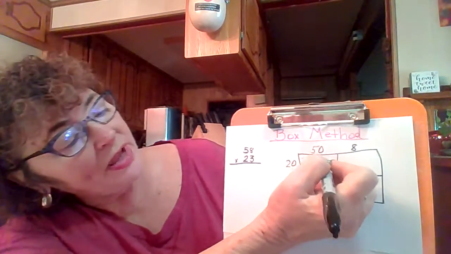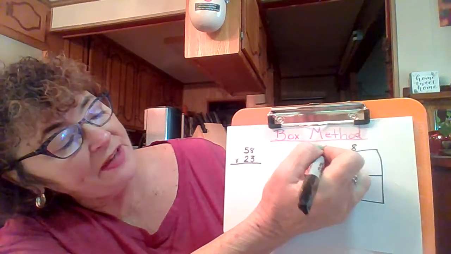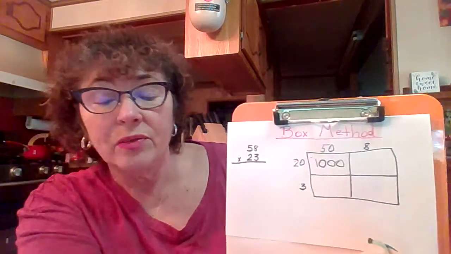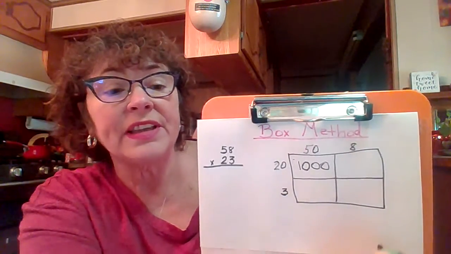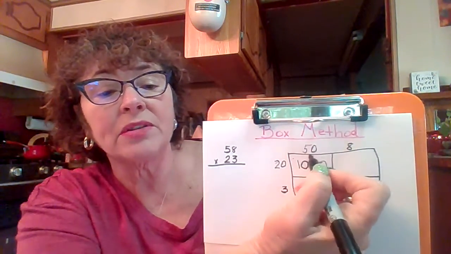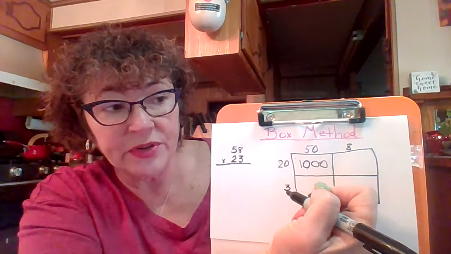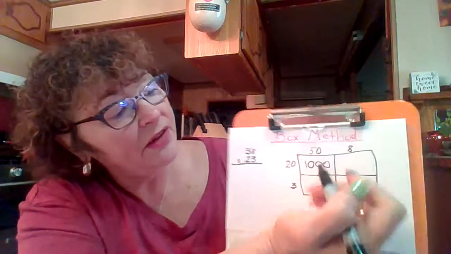Then I'm going to go ahead and multiply my 50 times 3. Again, I don't want to mess with the 0 in the 50, so I'm just going to multiply the 5 times the 3. What's 5 times 3? Good, 15.